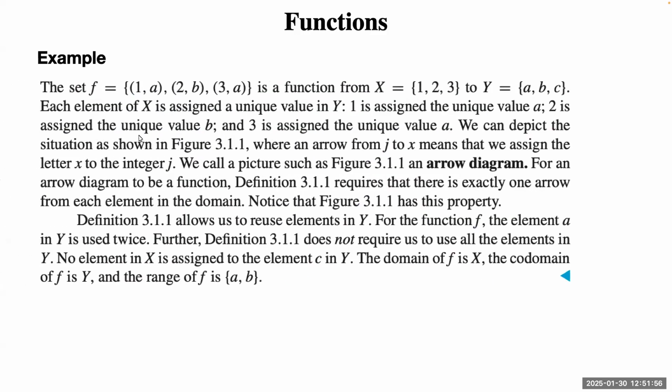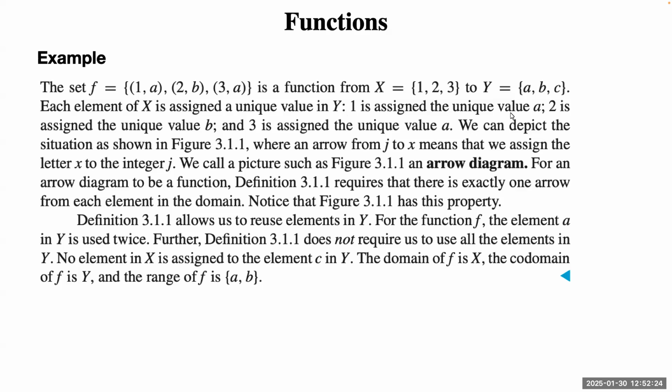Let's look at this example. Let's say you have a set f, which is {(1,a), (2,b), (3,a)}. And this is a function from X, the set {1, 2, 3}, to Y, the set {a, b, c}. Each element in X is assigned a unique element in Y. See, 1 only goes to a and nothing else.